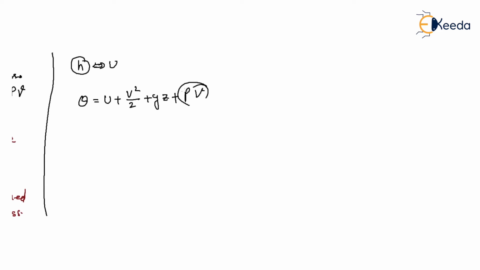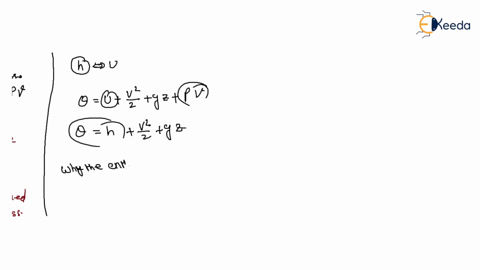So p into v is the enthalpy. If you take theta as enthalpy here, enthalpy automatically takes care of the pushing of the fluid. In fact, this is the main reason for defining the property enthalpy.